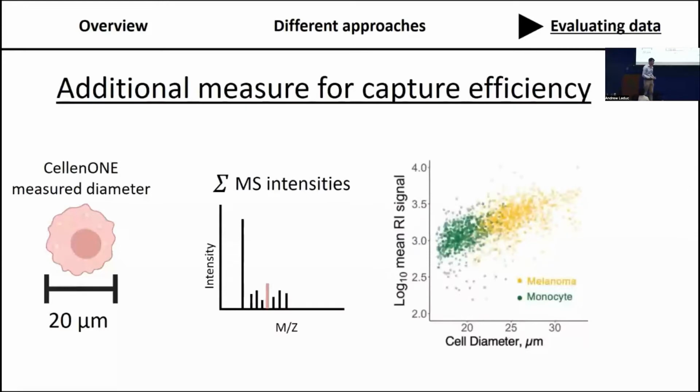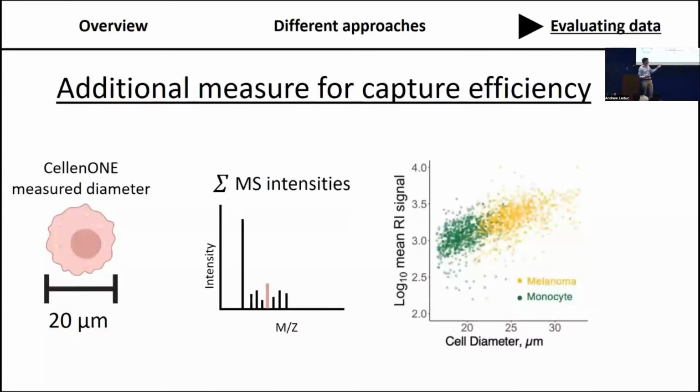Past that, an additional way of evaluating how much protein you're extracting from these cells is to utilize orthogonal metrics. Here we're taking advantage of the fact that the cellenONE, which dispenses the cells, also records the diameters of the single cells. For the most part, if the concentration of protein is scaling with the size of the cell, we expect the total protein content to scale with the diameter of these cells.